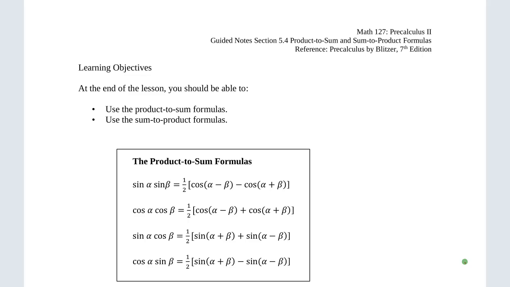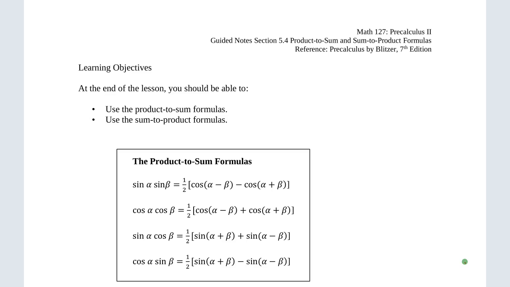In this lesson, we will be covering section 5.4, which is the product-to-sum and the sum-to-product formulas. But before we begin, let's quickly connect today's lesson to what we have already learned in this chapter. So far in chapter 5, we've worked with sum and difference identities.